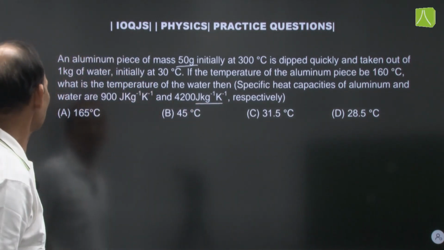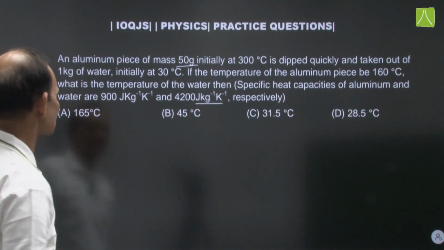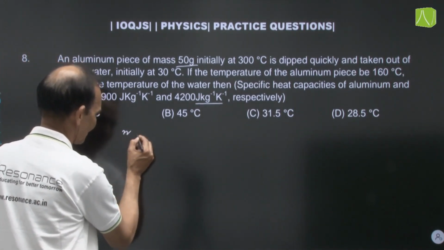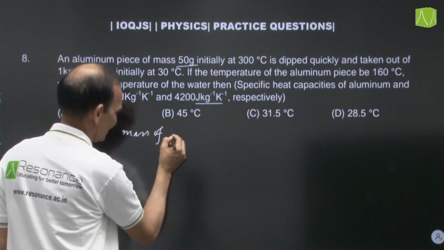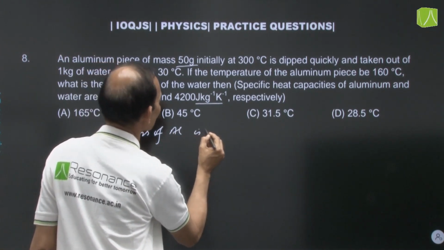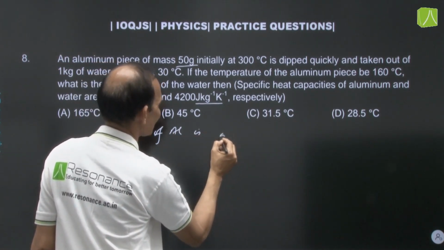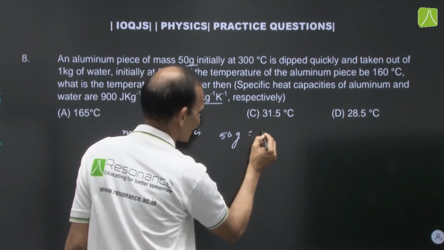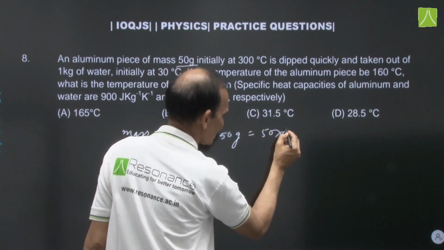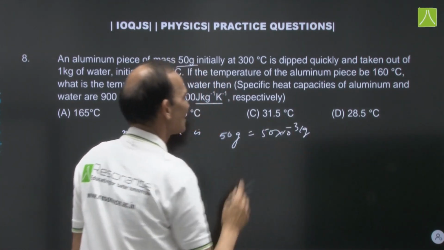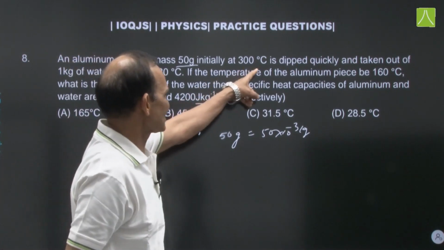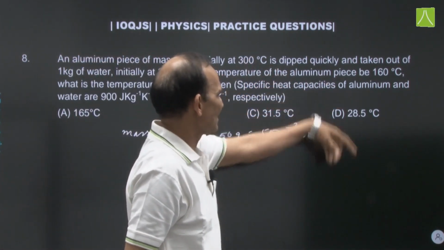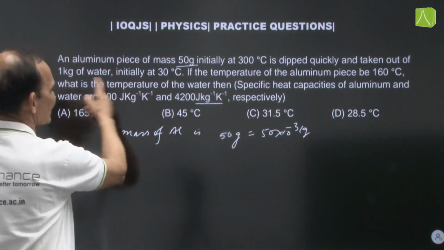So the mass of aluminium is 50 gram. We can convert it to 50 into 10 raised to the power minus 3 kilogram. The initial temperature is this, it is dipped quickly and taken out into 1 kilogram water.